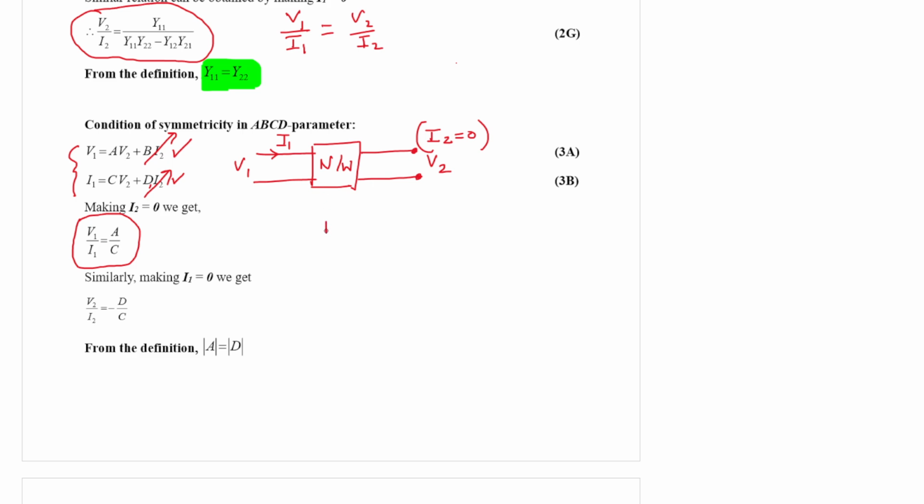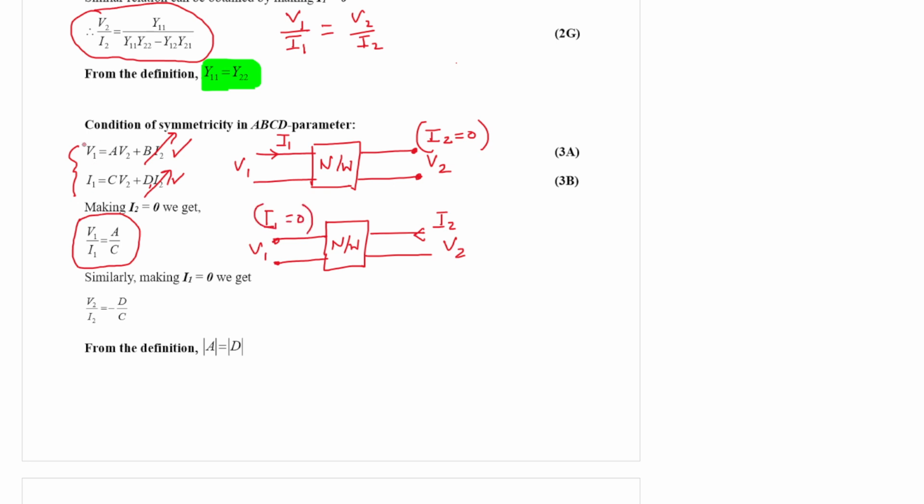By a similar process, we take the same network and now excite it from the output port, making the input terminal open circuited, leaving behind an open circuit voltage V1.